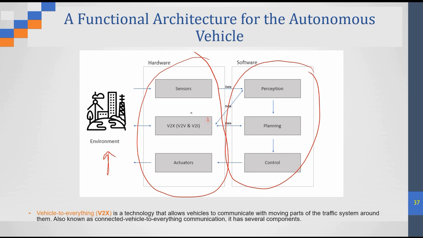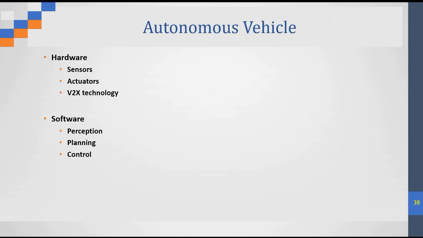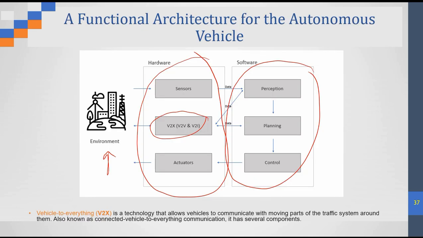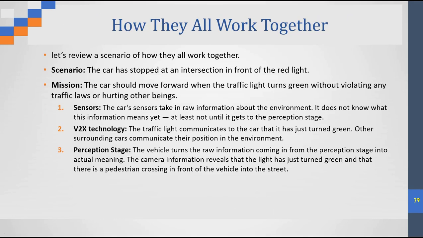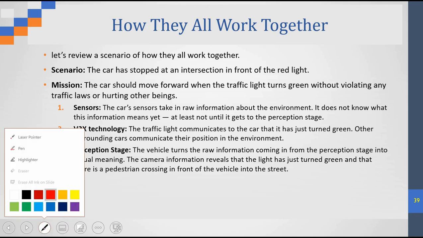So here also are the techniques that maybe can control this communication, like V2X, vehicles to everything. These are techniques to control or communicate these parts. This is the same figures. So here is how this kind of autonomous system works.